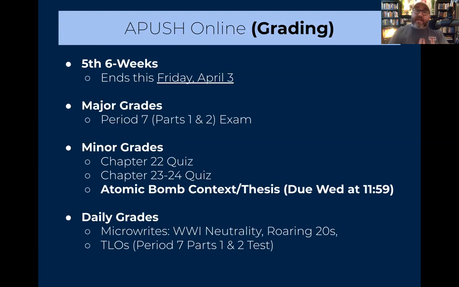So you need to contact me personally through Remind or email, and I will set up a separate assessment for you to make up those missing grades. But by and large, most of you should have gotten those turned in.